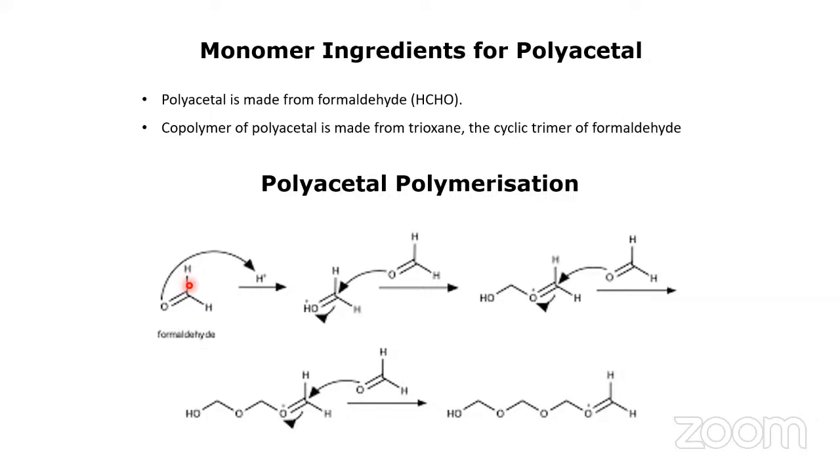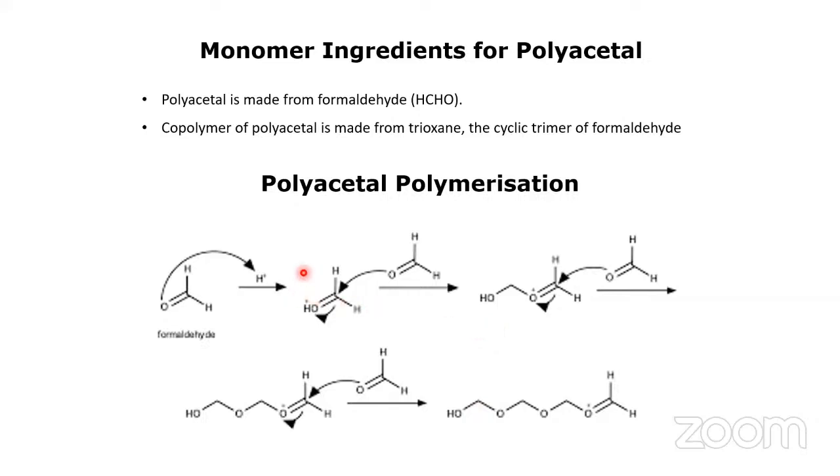So this is the structure of formaldehyde, which has one carbon attached to two hydrogens, and then oxygen at one side. Its polymerization provides a continuous chain structure containing alternating carbon and oxygen in long chains, which is your polyacetal.